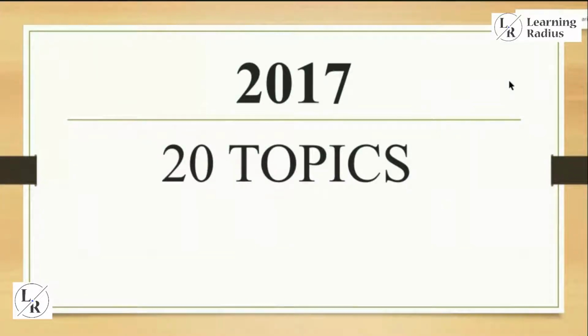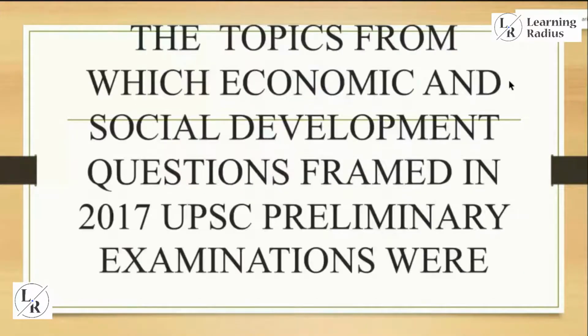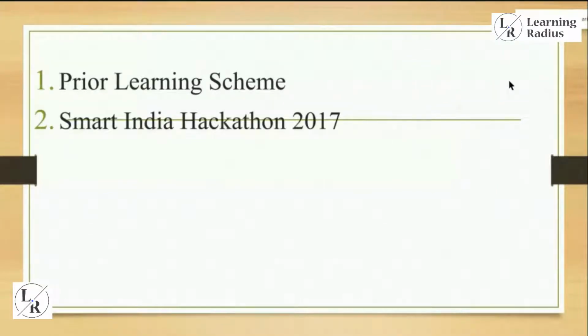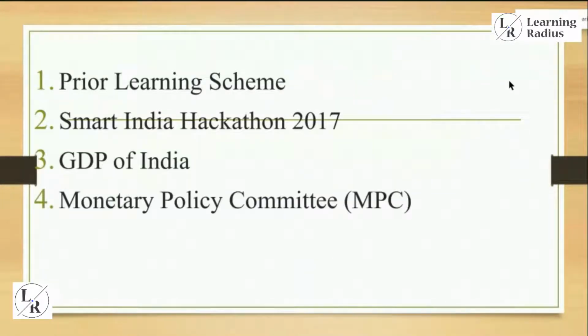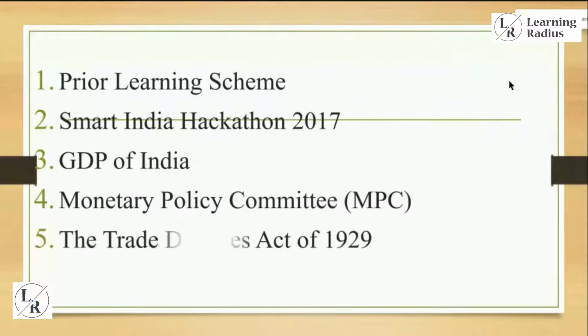Now in 2017, there were 20 topics from which UPSC framed the questions. Let's have a look at those 20 topics. It was the prior learning scheme, Smart India Hackathon 2017, GDP of India, Monetary Policy Committee, the Trade Dispute Act of 1929.